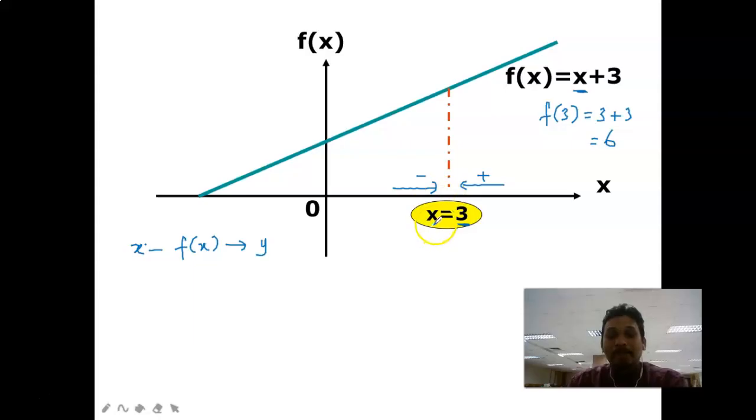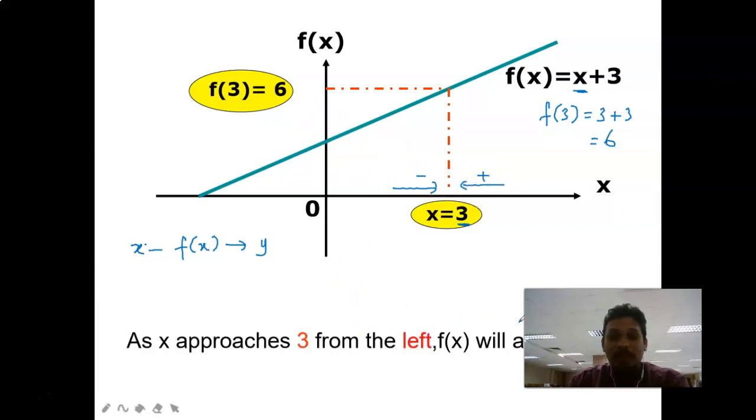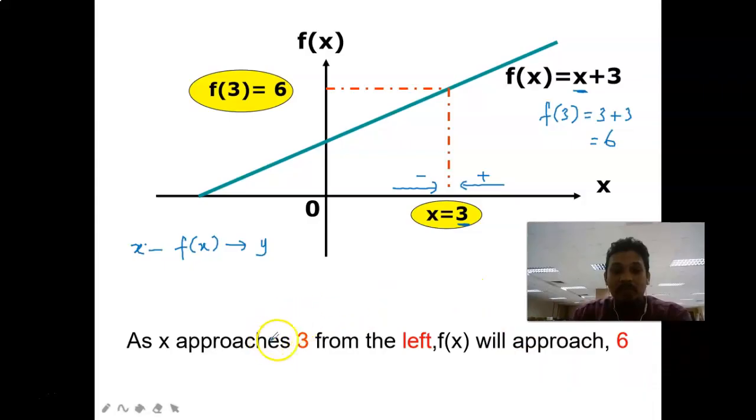Okay, so when x is very close to the value x equal to 3, we just assume that x equal to 3. So as x approaches 3 from the left, f(x) will approach 6. So when x is approaching 3 from the left, this is the graph.